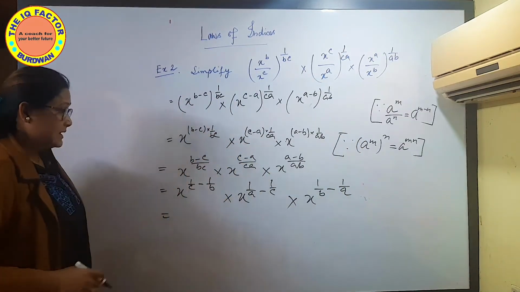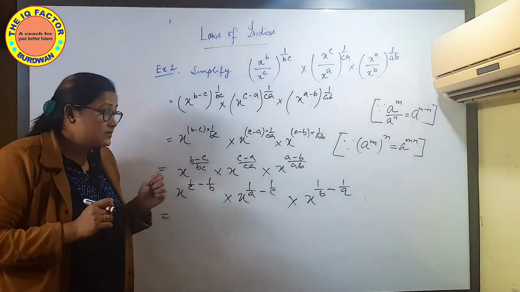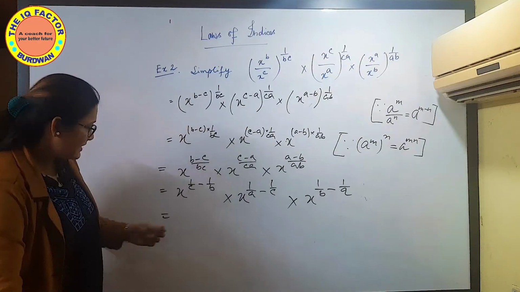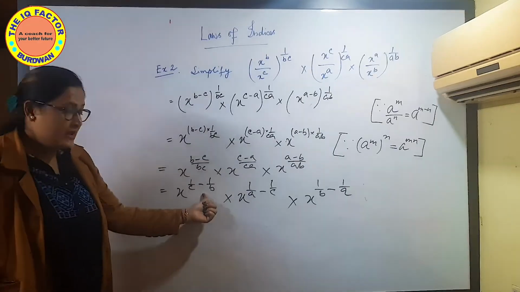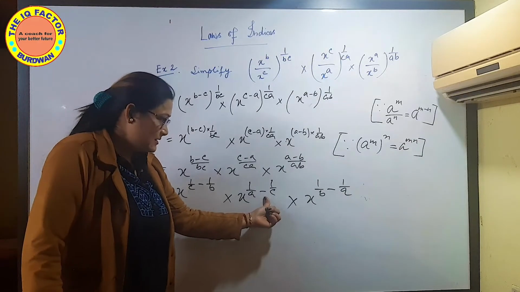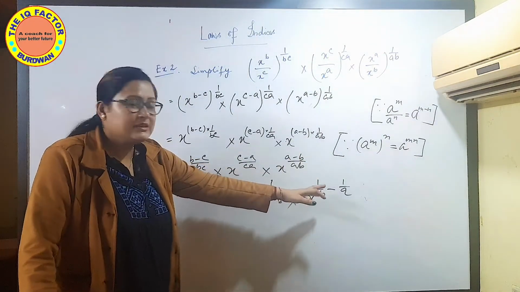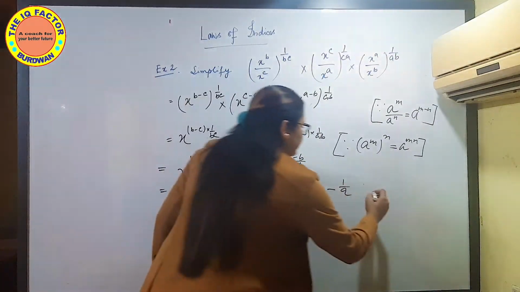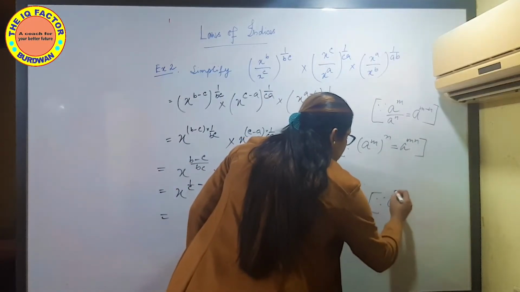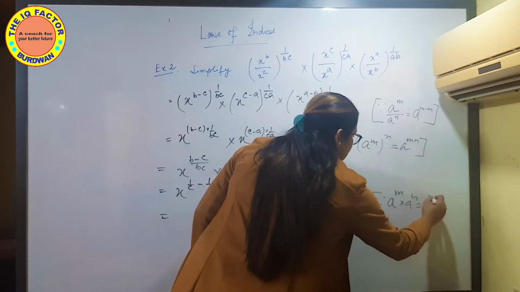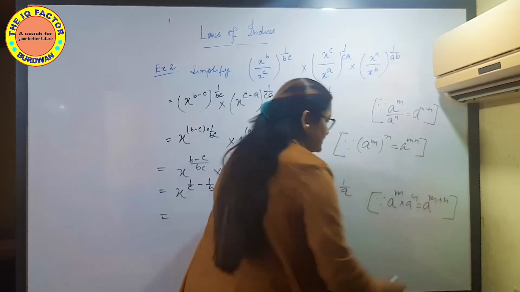Now you have to think which law you have to apply here. It is like a to the power m into a to the power n into a to the power something else, suppose m, n, q. We know a to the power m into a to the power n is a to the power m plus n, isn't it?